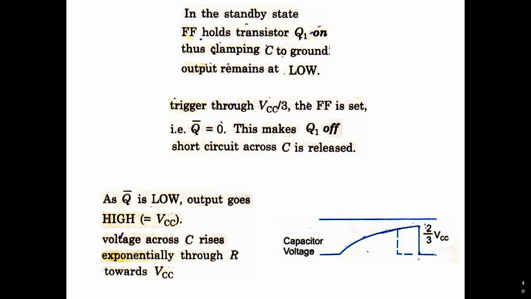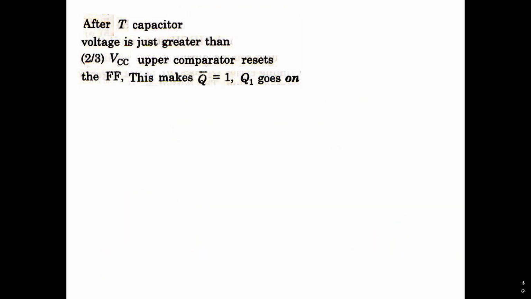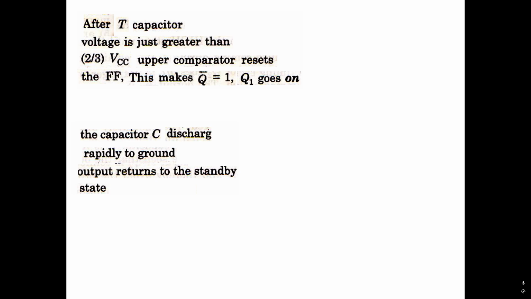Voltage across capacitor C rises exponentially through R towards VCC. After time T, the capacitor voltage is just greater than 2/3 VCC. The upper comparator resets the flip-flop, thus making Q bar equal to 1. Q1 goes on, and the capacitor C discharges rapidly to ground. Output returns to the standby state.